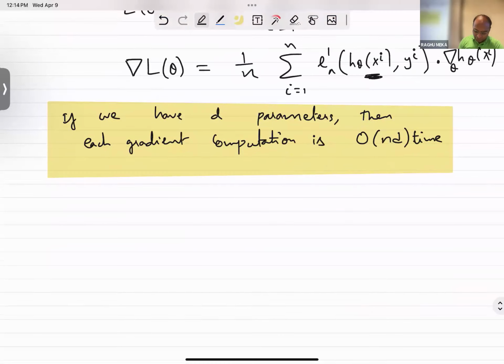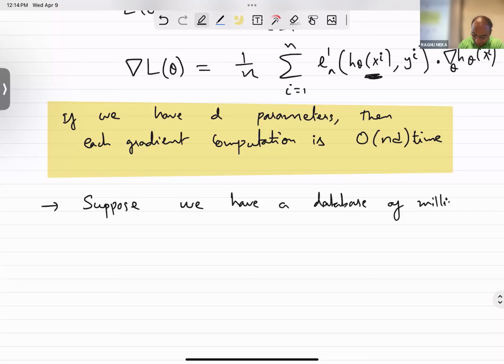More concretely, suppose we have a database of a million images, so n is like 10 to the 6. Maybe our images are just 250 by 250 pixels. What does this mean?